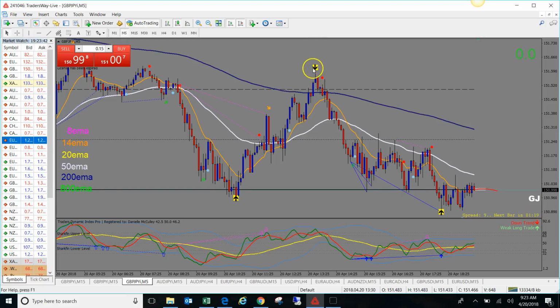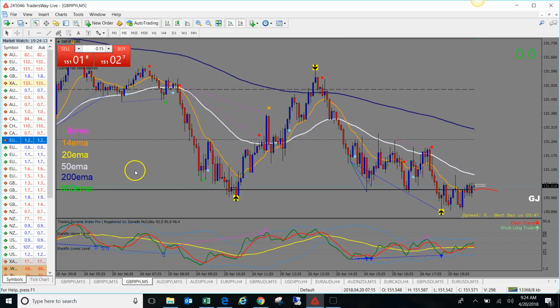This wick here would have been a good confirmation, followed by this dot and then this pin to the 200. You could have got in and caught 50 pips, so 20 pips more. But if you want a safe entry when you're scalping, you can use the 14 and the 50 cross right here. Like I said, you still get 35 pips, so that's good, right?